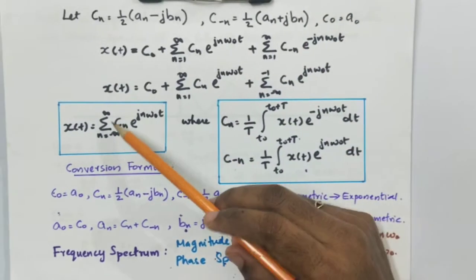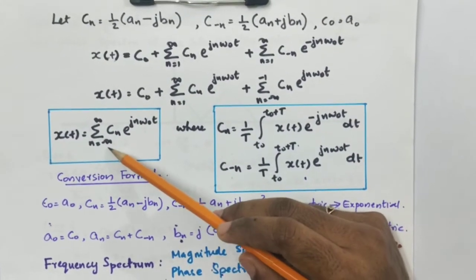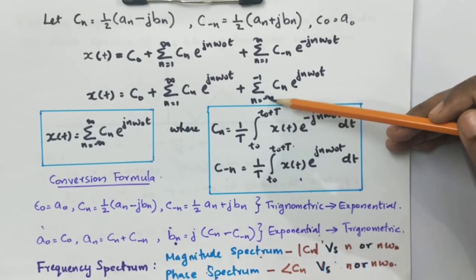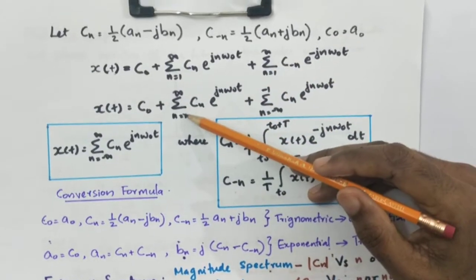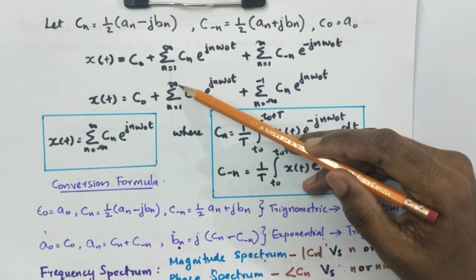So we can have the equation x of t as sigma n equal to minus infinity to infinity, where here we have minus infinity to minus 1 and here n equal to 1 to infinity.